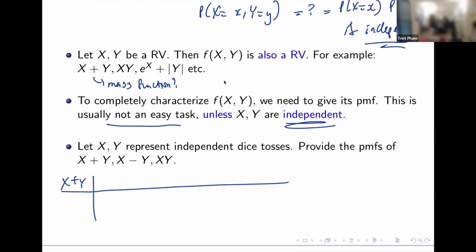What values can x plus y take if x and y are independent dice tosses? It will be 2 to 12, right?